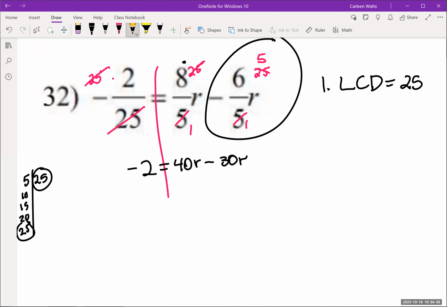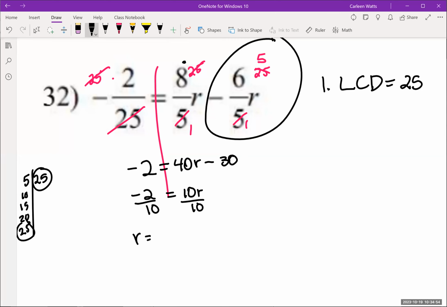What do we do with those two that are both on the right side of the equal sign? Combine like terms. And divide.